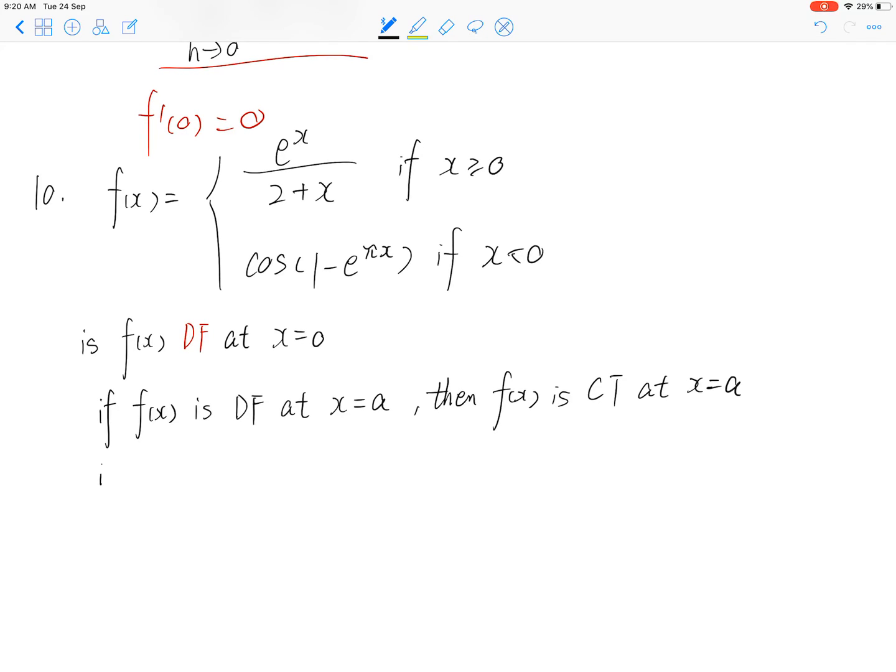Now its contrapositive: if f(x) is not continuous at the point a, then f(x) is not differentiable at point a.